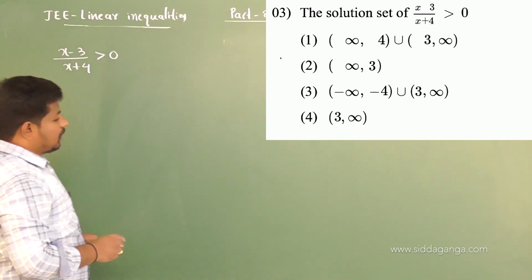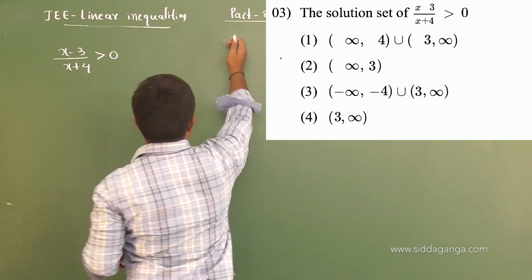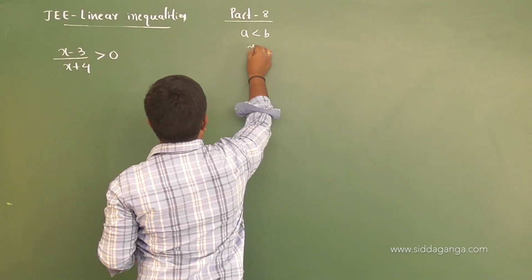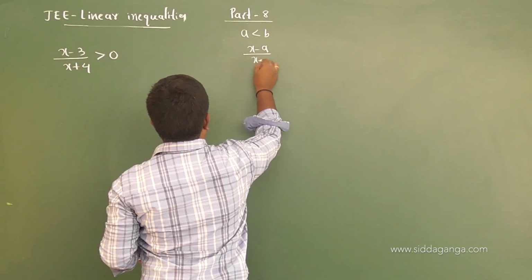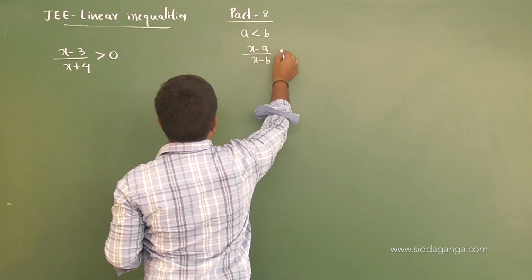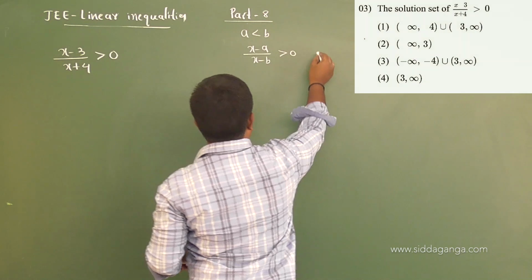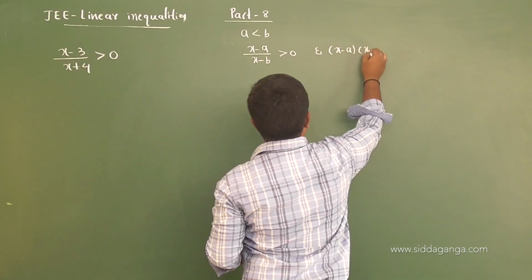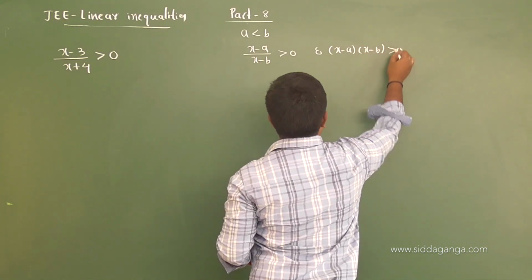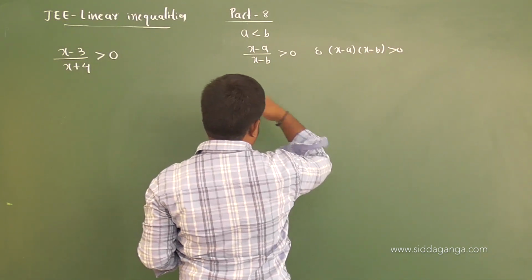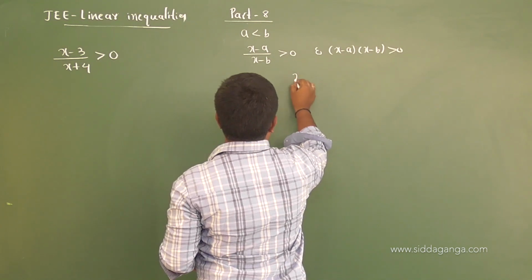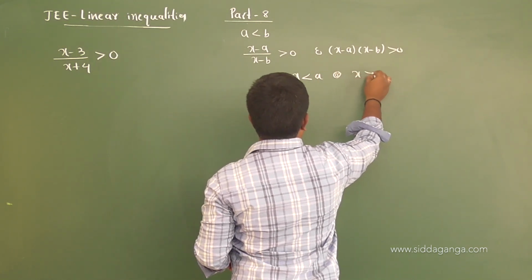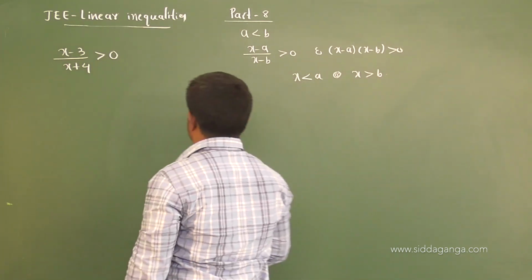In the last session we discussed the result: when a is less than b, (x minus a) by (x minus b) greater than 0, and (x minus a) into (x minus b) greater than 0, both have the same solution set, that is, x is less than a or x is greater than b, right?